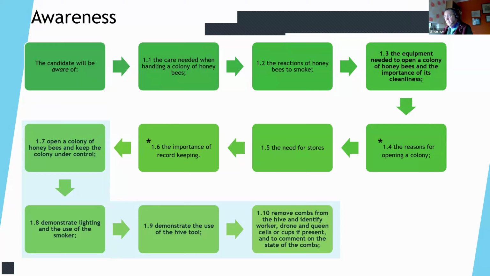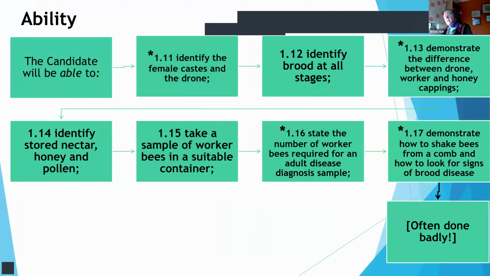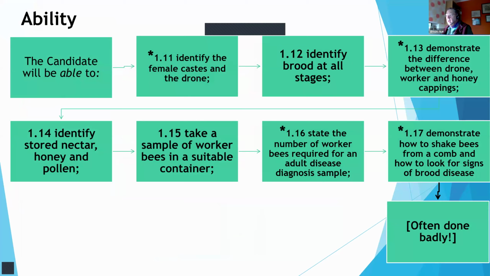And this actually is just the syllabus, placed onto a slide. So the syllabus talks about abilities. Being able to identify the female castes in the colony, being able to identify brood at all stages, being able to show the assessor the difference between drone, worker, and honey cappings, for example.